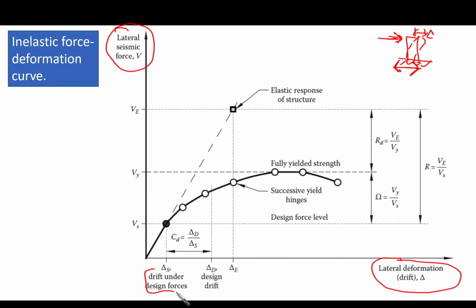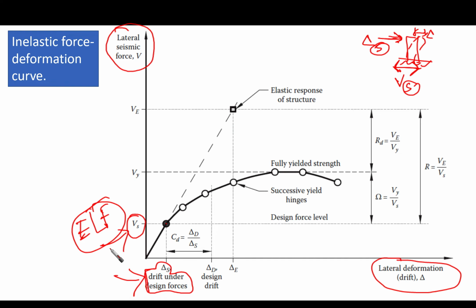This is where we are designing our structure, in the elastic range, as you can see here. The corresponding base shear is going to be Vs, corresponding to delta S. What is the meaning of S? Design, and elastic. This is what the code, the ELF, the equivalent lateral force method, is providing for us.